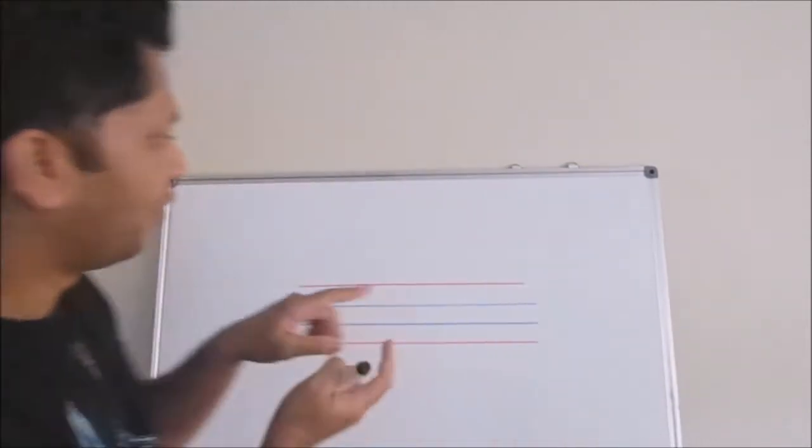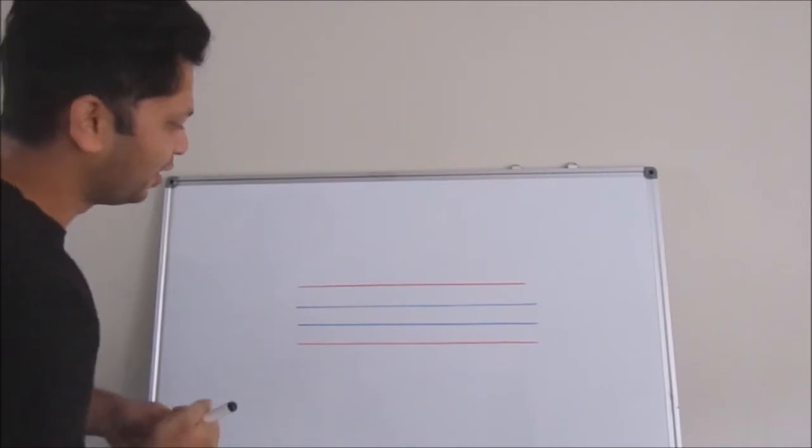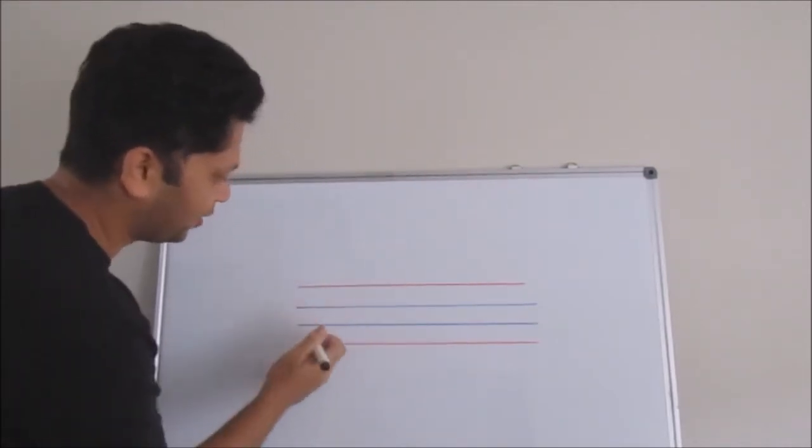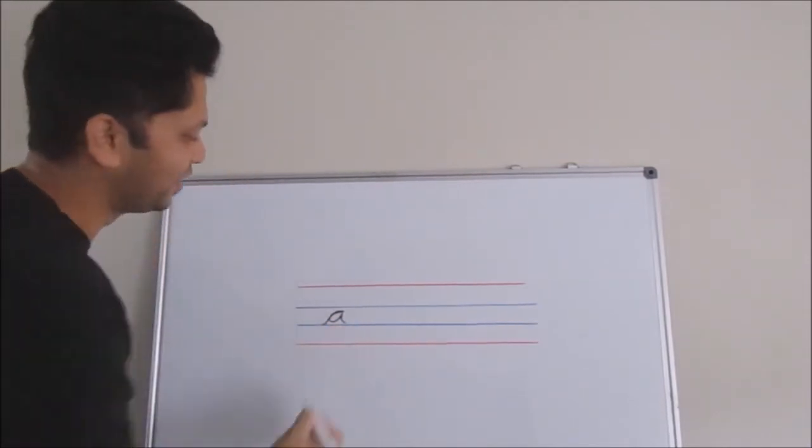In English, we used a four-lane rule. In this, we were being forced to write in these two lines, and we were being told not to write like this.